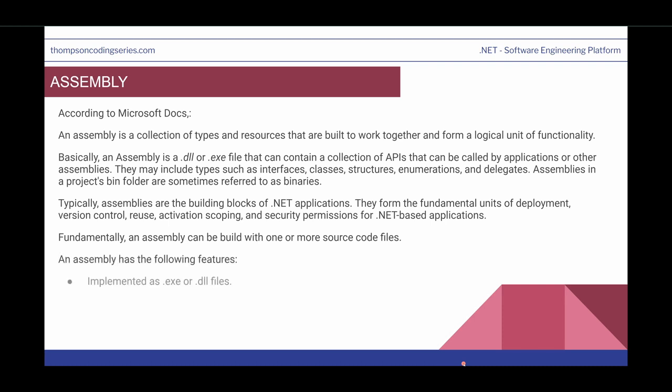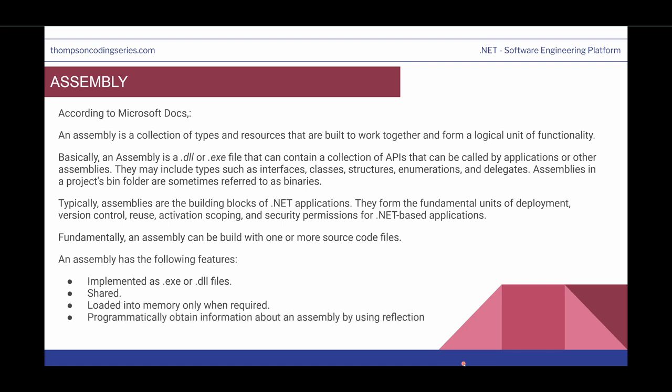Now, an assembly has the following features. It can be implemented as a .exe or a .dll file. It can be shared, it can be loaded into memory only when required, and you can programmatically obtain information about an assembly by using a concept called reflection in the .NET platform.